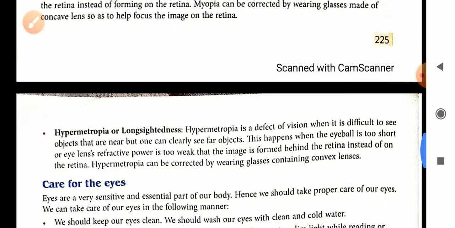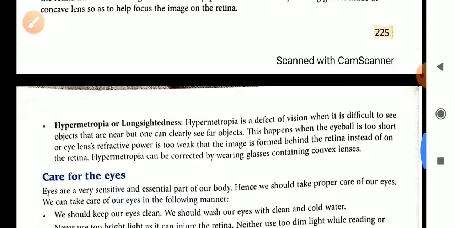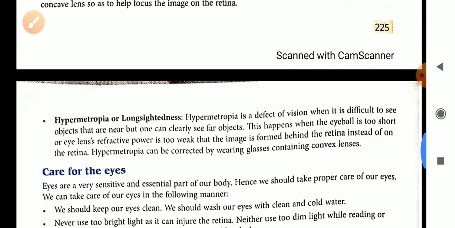And second is hypermetropia or long sightedness. It is a defect of vision in which it is difficult to see objects that are near but the person is able to see far objects. Nearby objects cannot be seen clearly.